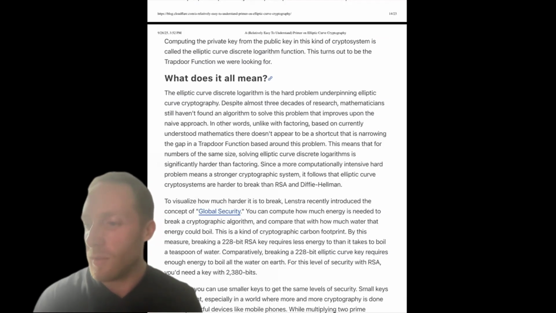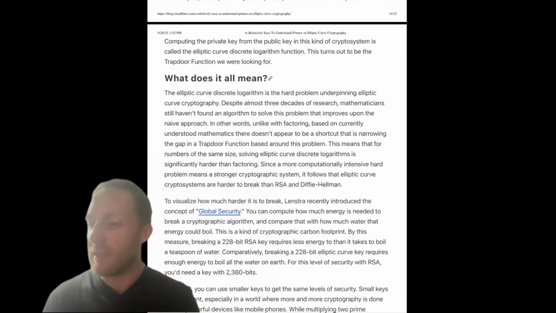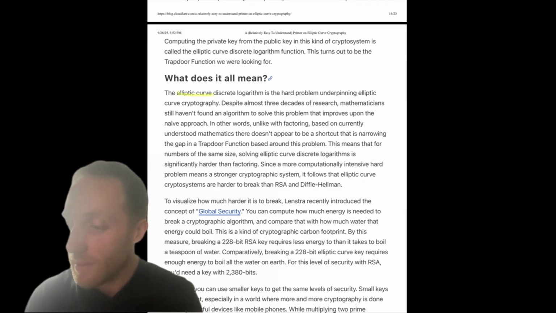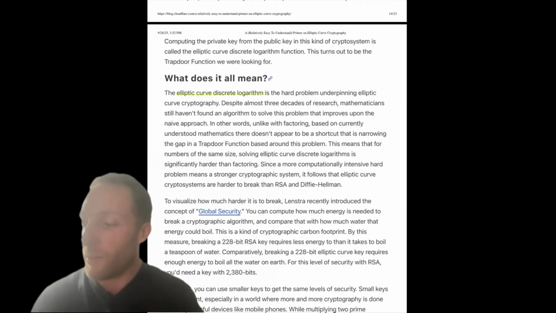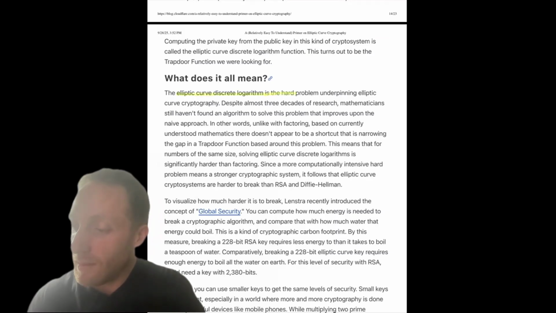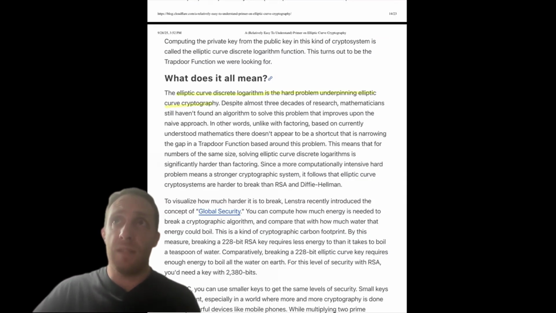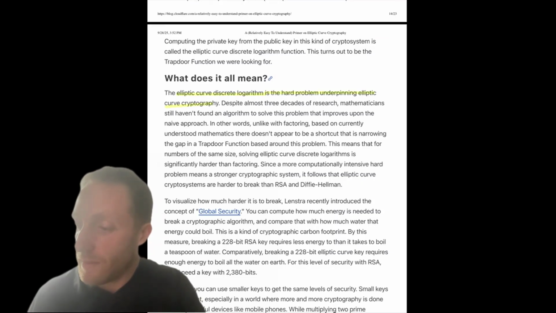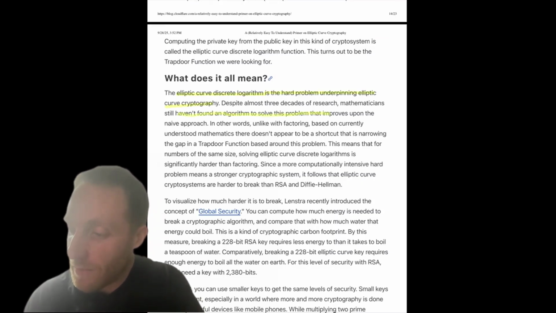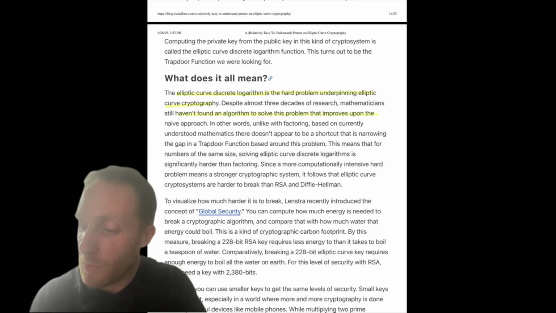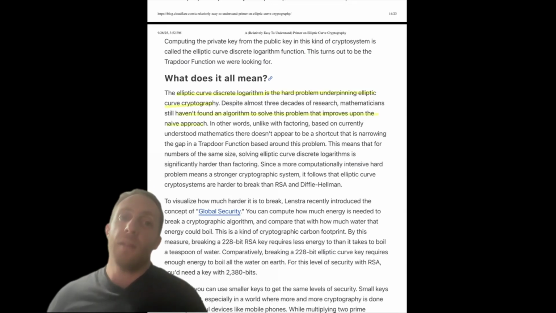Okay, but so now we're here in elliptic curve. What does this all mean? The elliptic curve discrete logarithm is the hard problem underpinning elliptic curve cryptography. So this is what I was saying before, right? Despite almost 30 years of research, mathematicians still haven't found an algorithm to solve this problem that improves upon the naive approach.